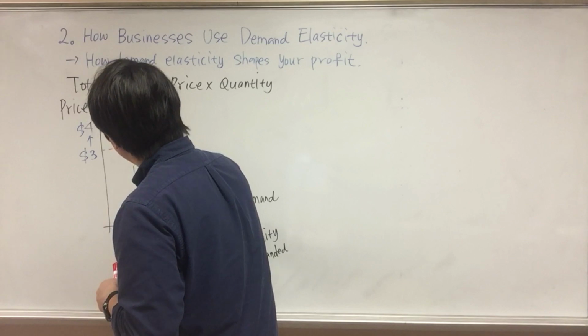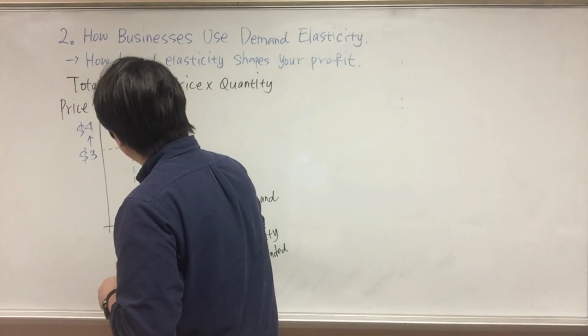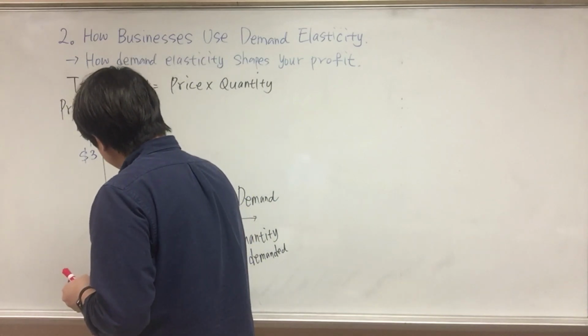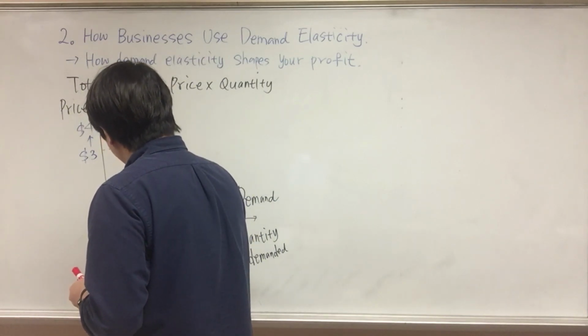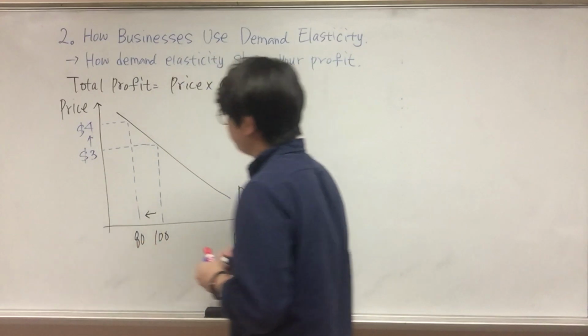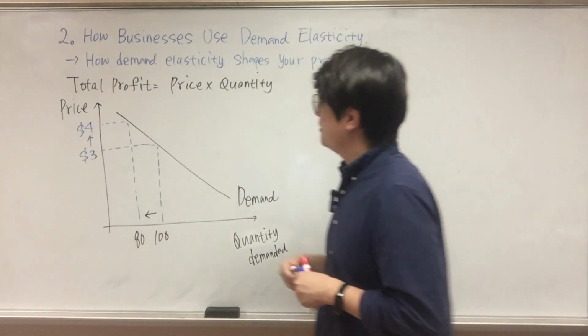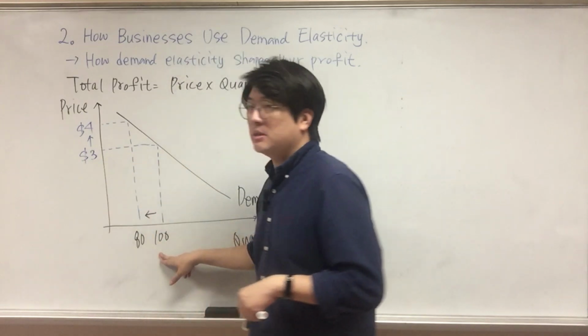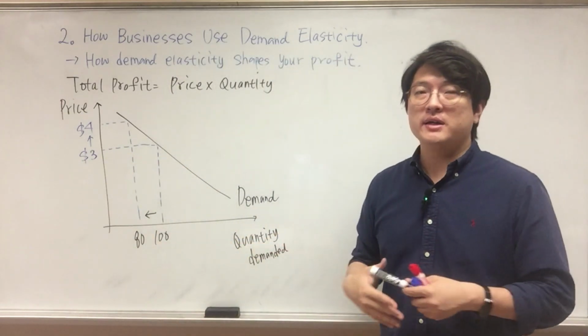At the same time, the quantity would be 80. By the law of demand, if the price goes up, the quantity demanded goes down, right?